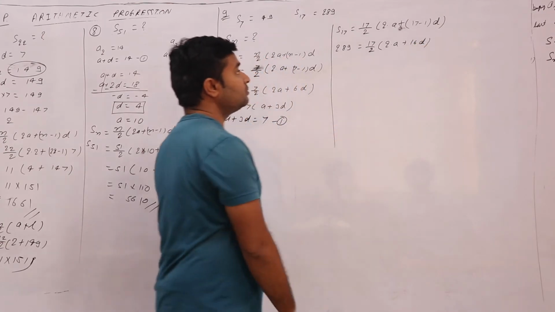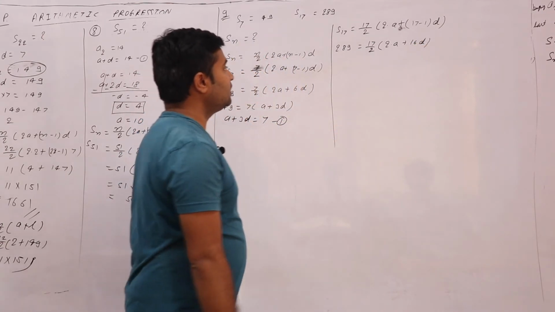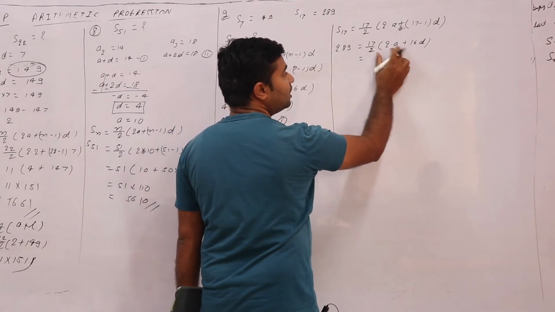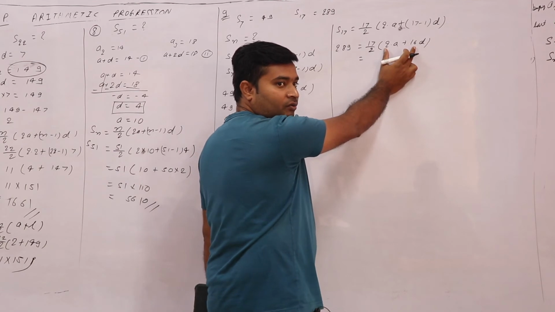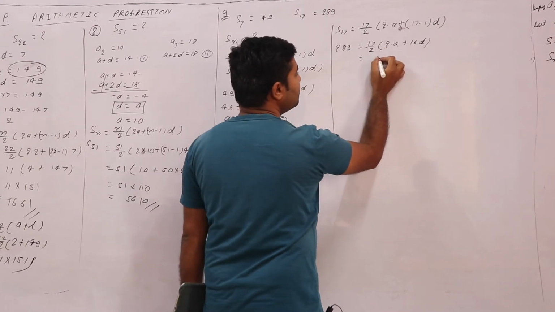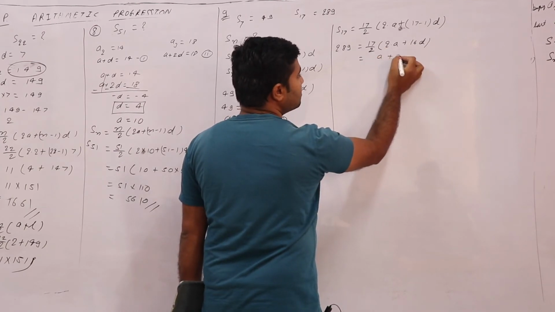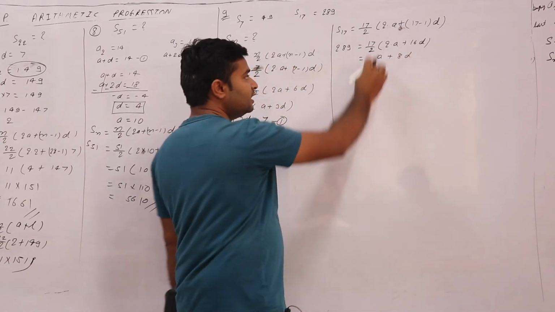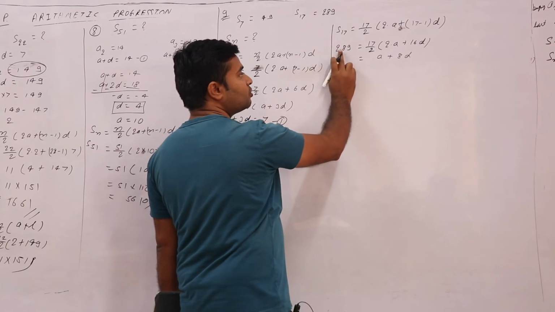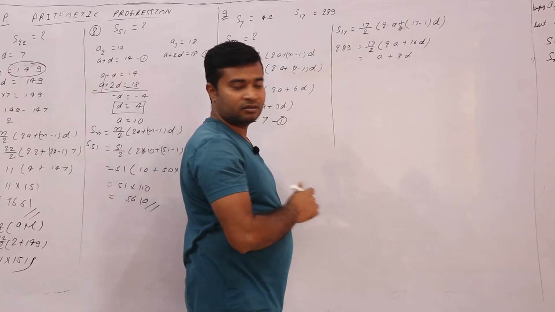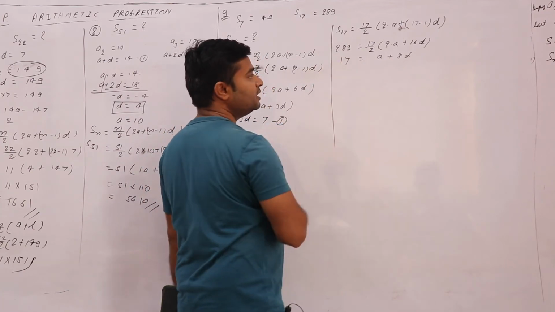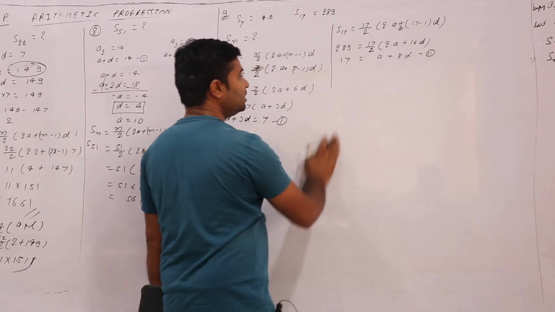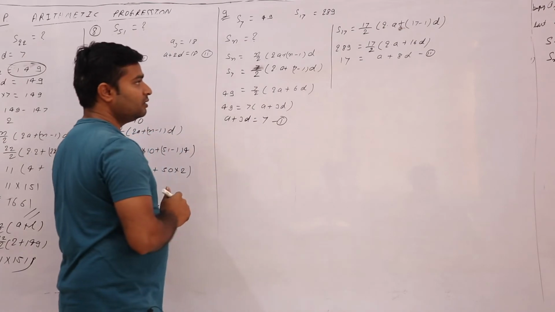Now take out the 2, so a plus 8d. Bringing the 17 to this side, 289 divided by 17 is 17. So here we get equation number 2.